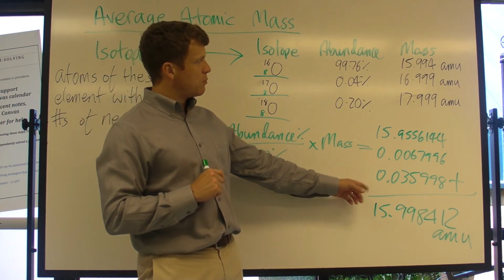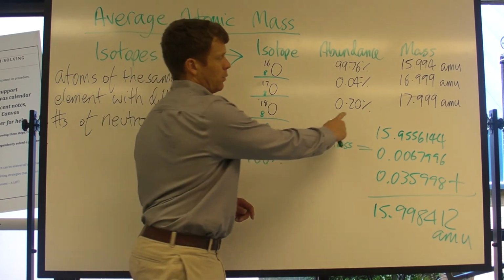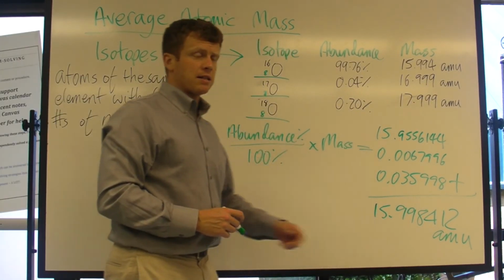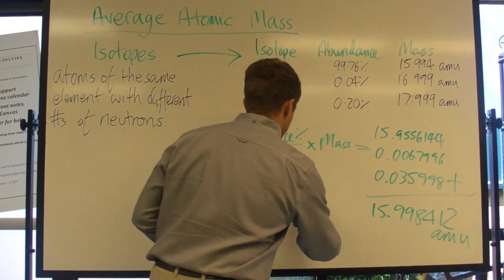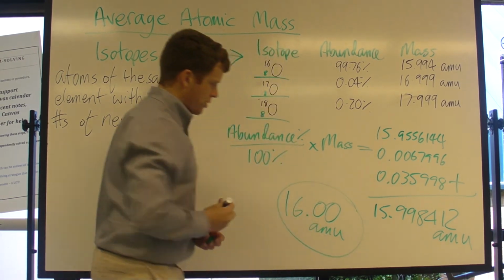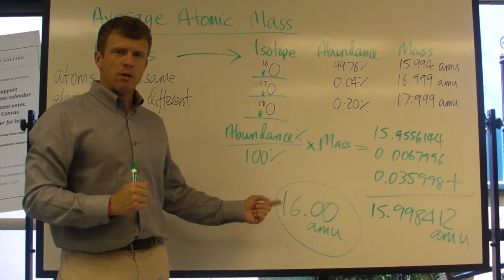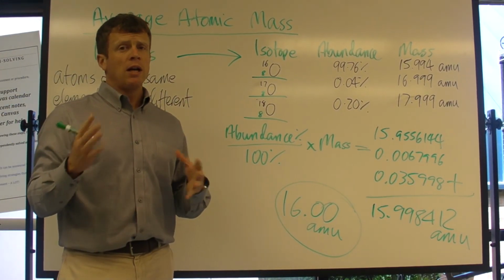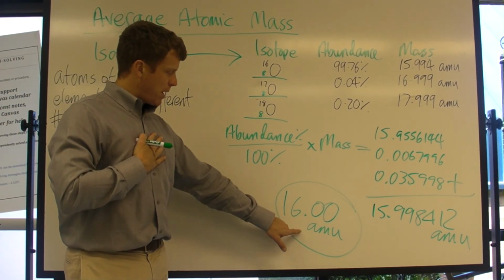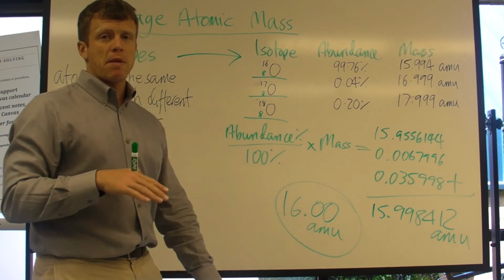If you go to the least number of decimal places in your data, which would be 2, we could just round this to 2 decimal places. So that would actually give us 16.00 AMUs. How would you know that number's correct? Well, you have your periodic table, which is easily accessible for you. You could just compare that number to the average atomic mass on your periodic table.